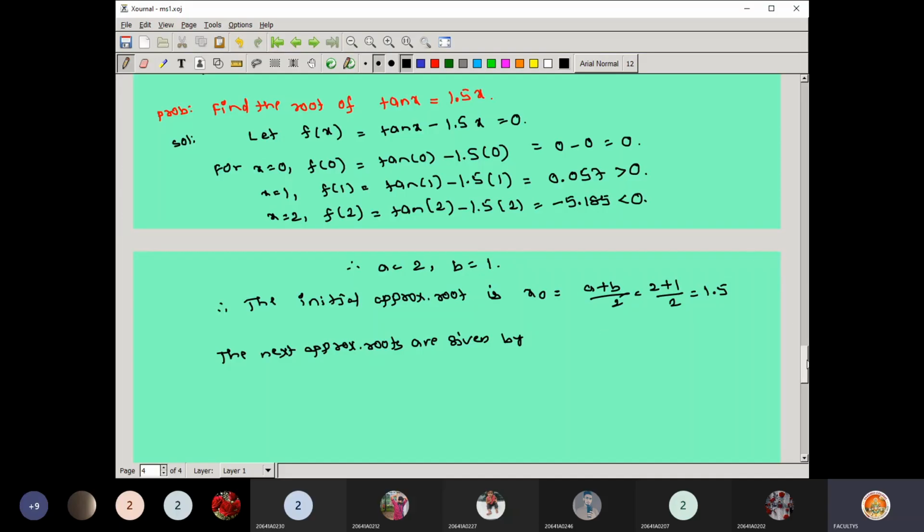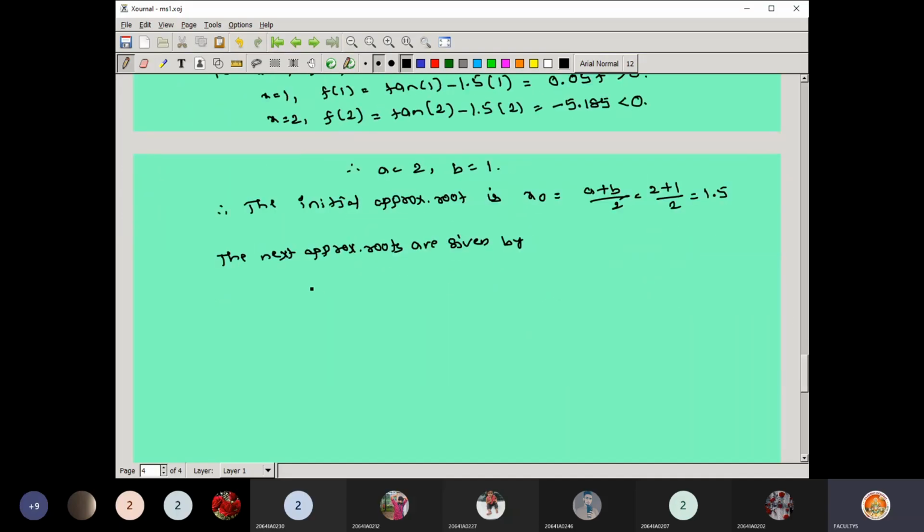you are using the formula x n plus 1 equal to x n minus f of x n by f dash of x n. Here n is taking the values 0, 1, 2 and so on. So clearly it is x n minus f of x n, you write down the same given function with x replaced by x n, so it is tan x n minus 1.5 x n, divided by f dash, the derivative of your given function.